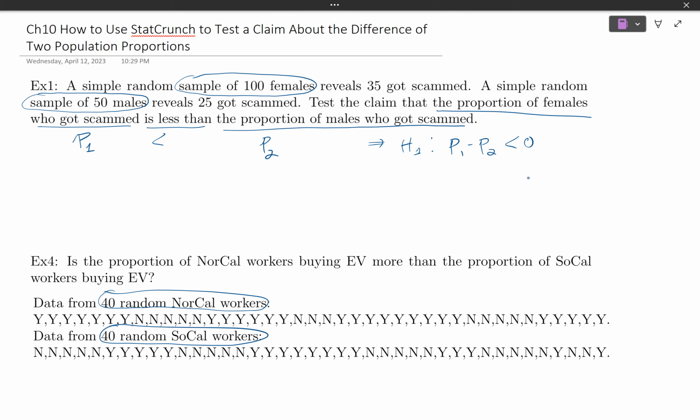And we're going to use the raw data to test the proportion of NorCal workers who buy an EV. Is it more than the proportion of SoCal workers who buy an EV? So P1 greater than P2, which gives us the alternative hypothesis P1 minus P2 greater than 0.